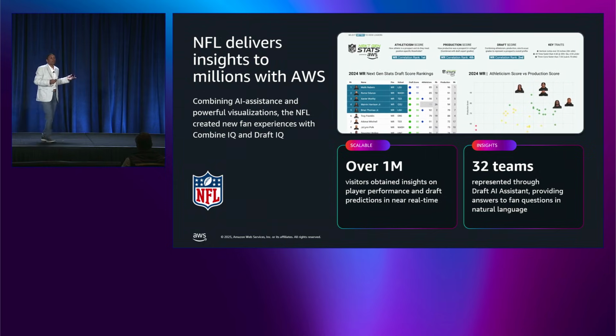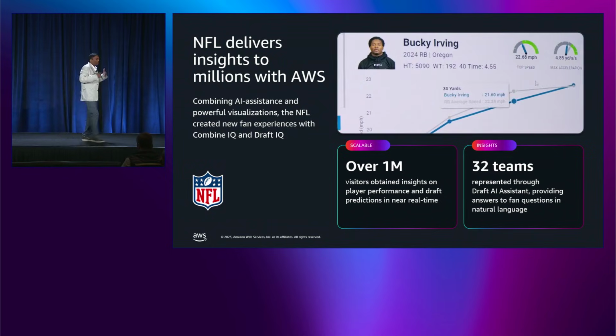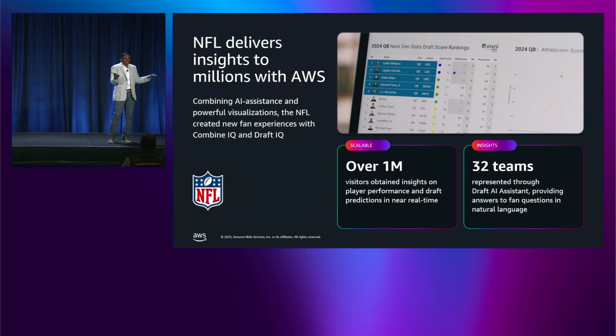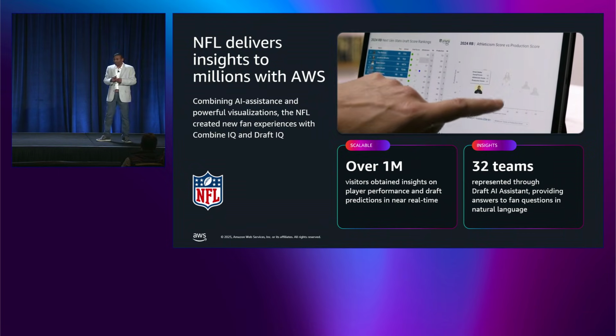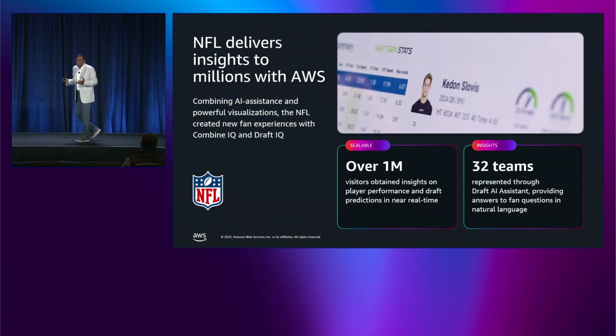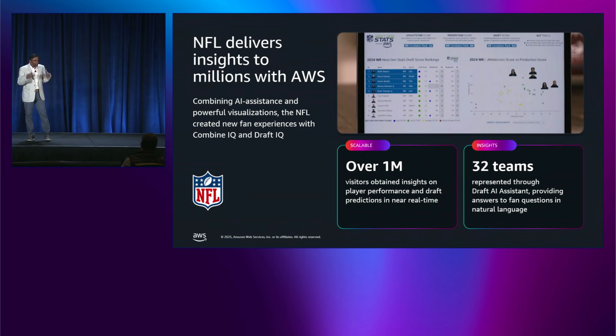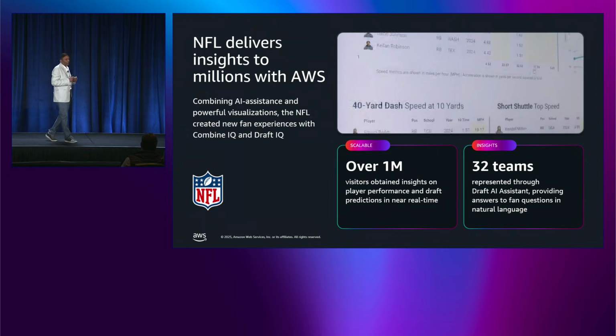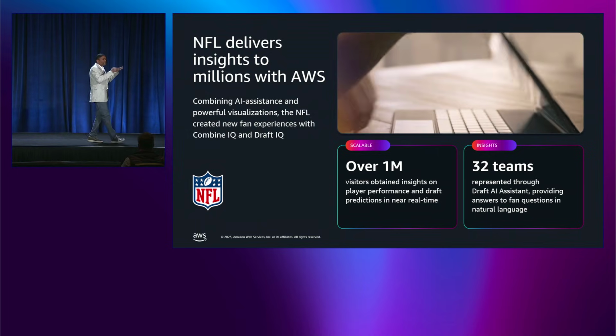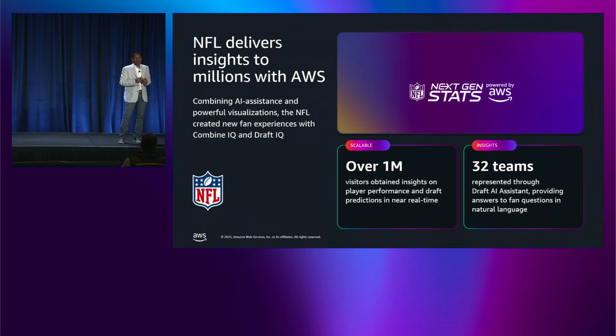Companies like NFL are using all of the capabilities that I just talked about in improving their fan engagement with products like Next Gen Stats, where they're able to push near real-time data for every player and every play directly to their fans. They're using QuickSight for a product called Digital Athlete, which improves player safety.